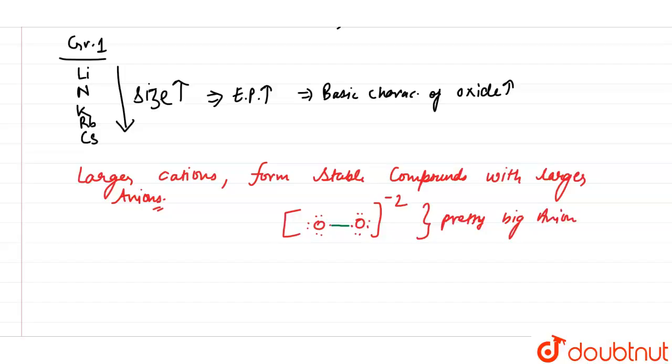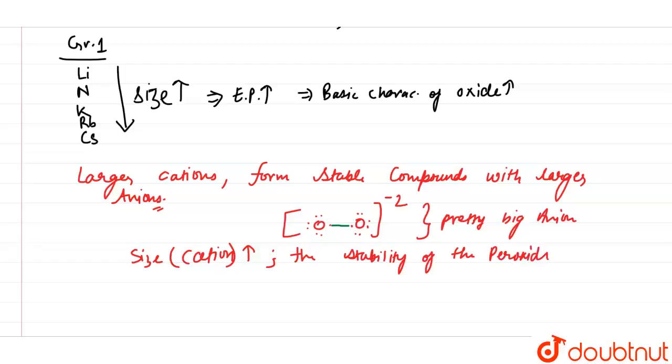So as the size of the cation increases, the stability of the peroxide bond also increases, because we already know the concept that larger cations form stable compounds with larger anions.